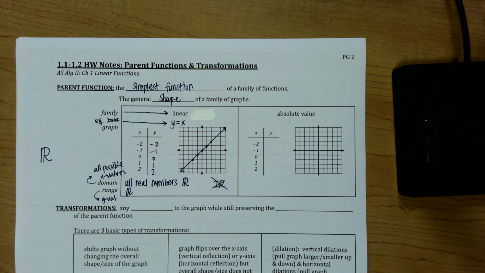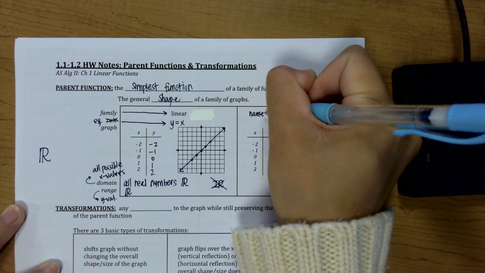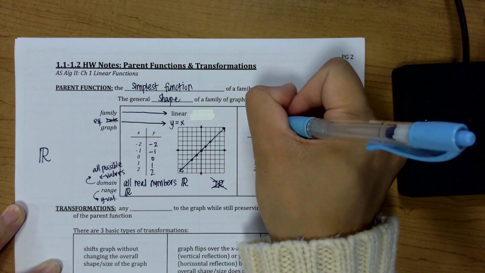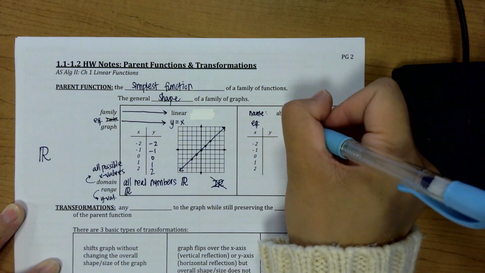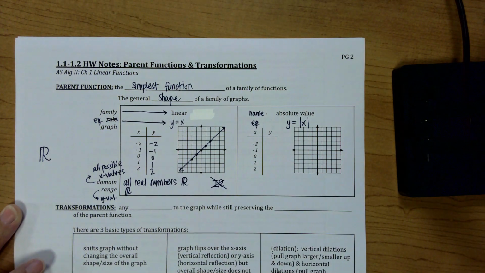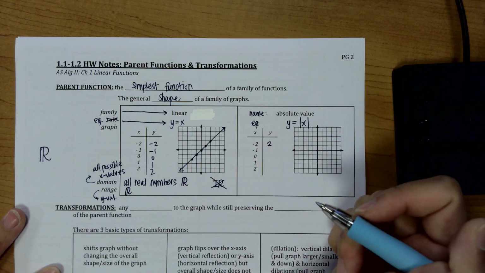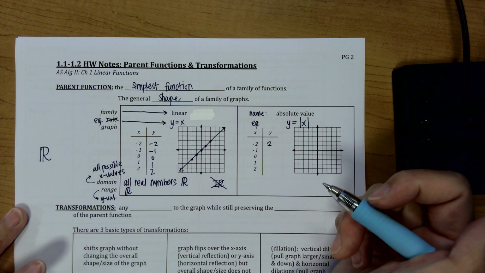Absolute value graphs are different. So here's our family name, absolute value, and our equation for absolute value is y equals absolute value of x. Now absolute value of x means the distance to 0 or distance from 0. So -2 is 2 spaces away, and since we're talking about distance, there are no negative values.